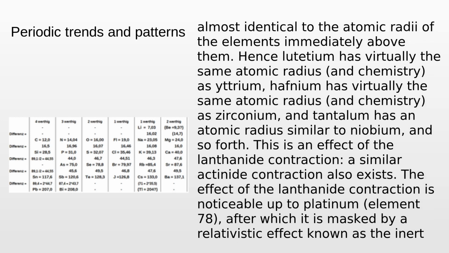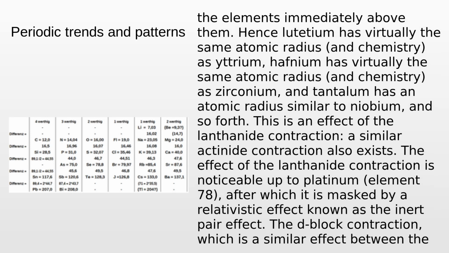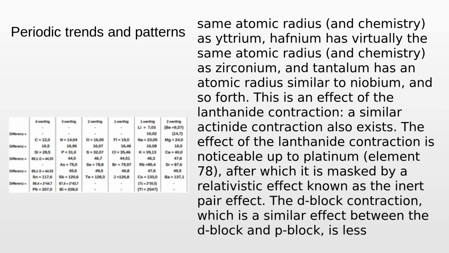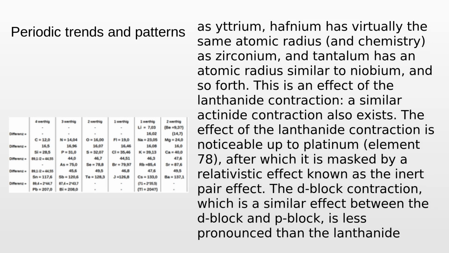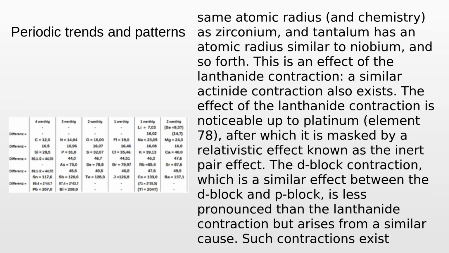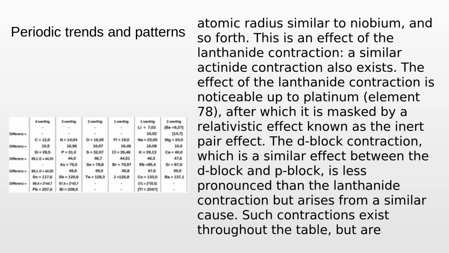Hence lutetium has virtually the same atomic radius and chemistry as yttrium. Hafnium has virtually the same atomic radius and chemistry as zirconium, and tantalum has an atomic radius similar to niobium, and so forth. This is an effect of the lanthanide contraction.